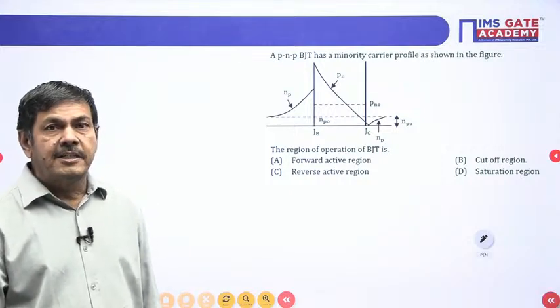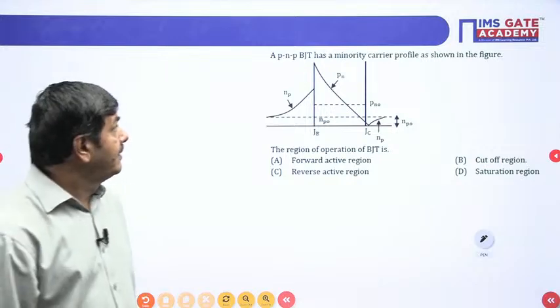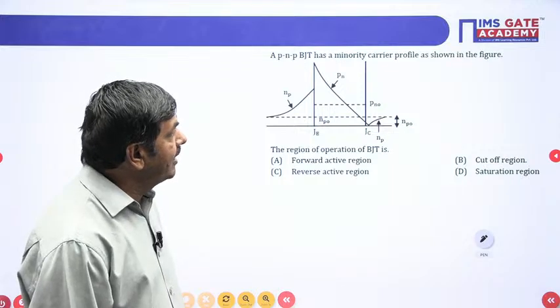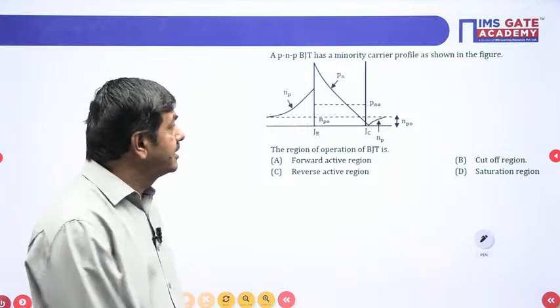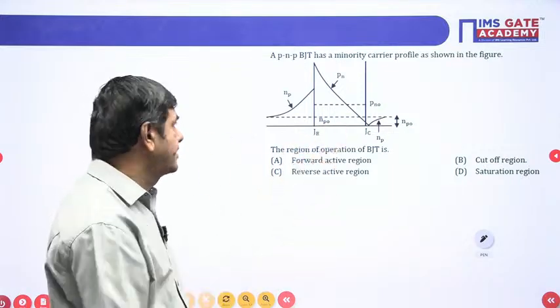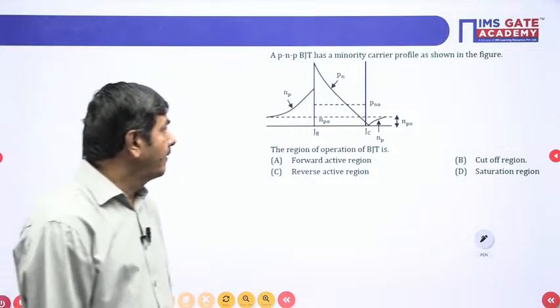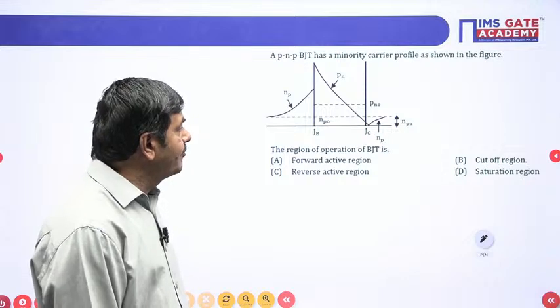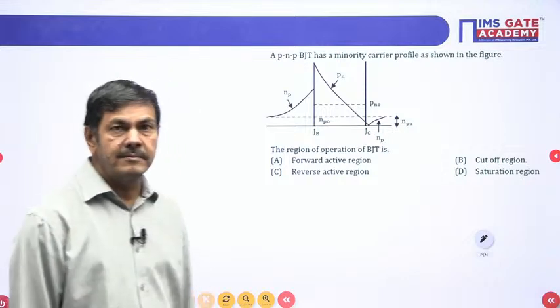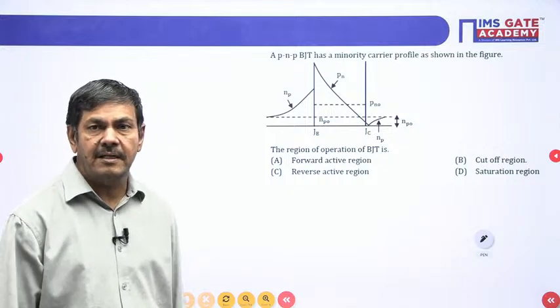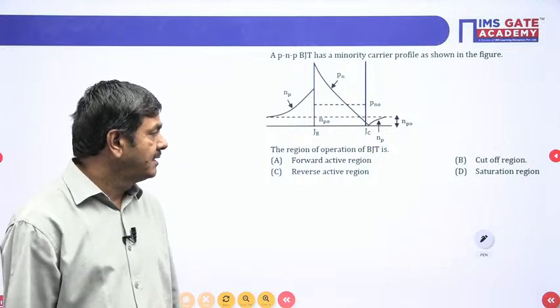What is given in this problem? A PNP BJT has a minority carrier profile as shown in the figure. This is the profile of the minority carriers in the PNP transistor. It asks to find the region of operation of the BJT: is it saturation, cutoff, active, or reverse active?